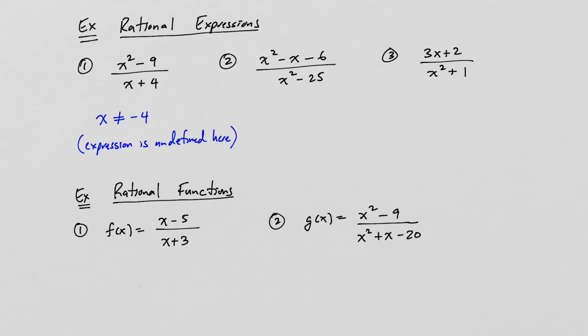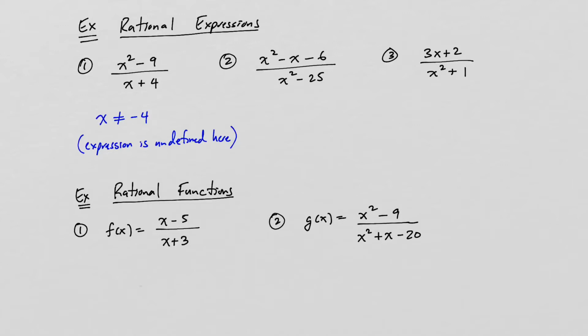In our second example, we have x squared minus x minus 6 over x squared minus 25. So this is another example of a rational expression. And this also has some restrictions. And one of the things that you'll need to do from time to time is you'll need to factor the denominator to find those restrictions.